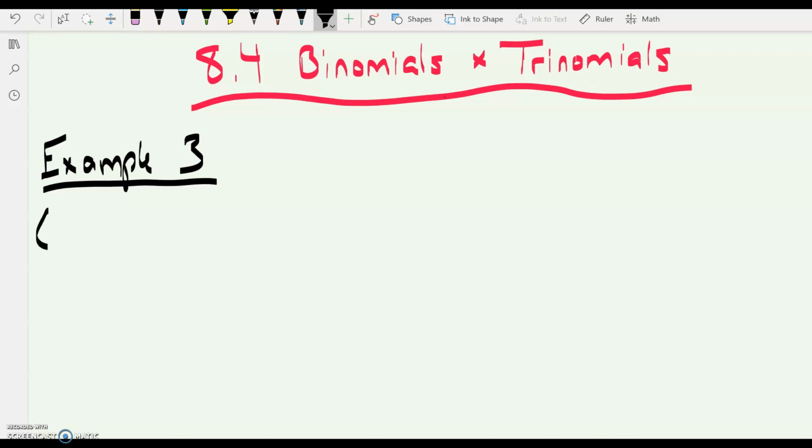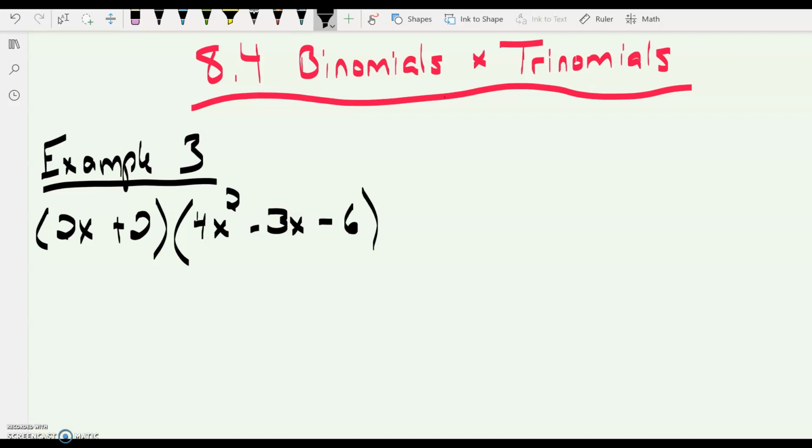Okay, this is going to be my binomial 2x plus 2 multiplied by 4x squared minus 3x minus 6. Again, this is the point where I'd like you to pause the video, attempt example number 3 using whatever method you'd like, and then replay the video to be able to check your answer.